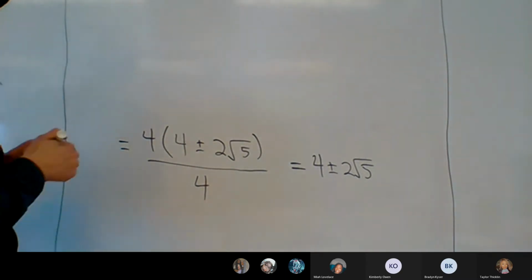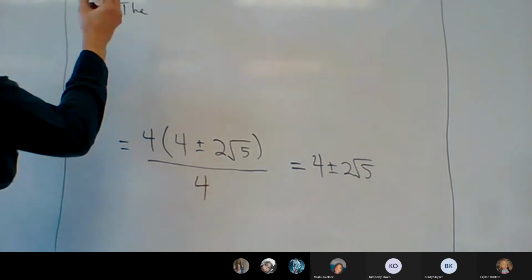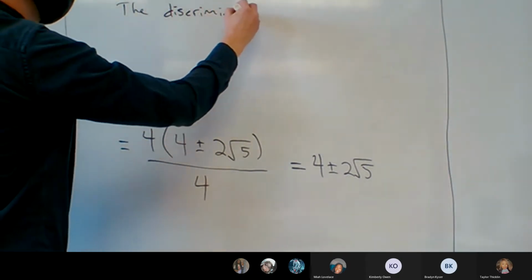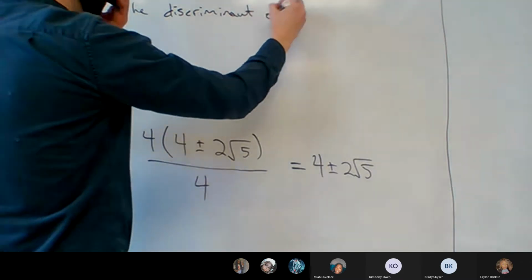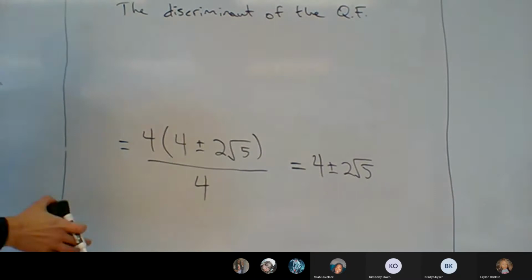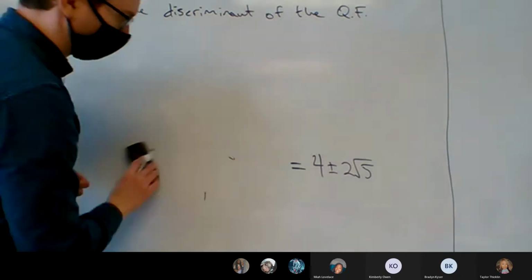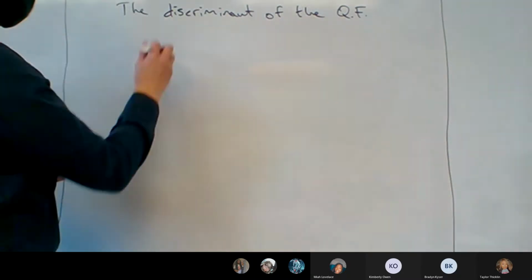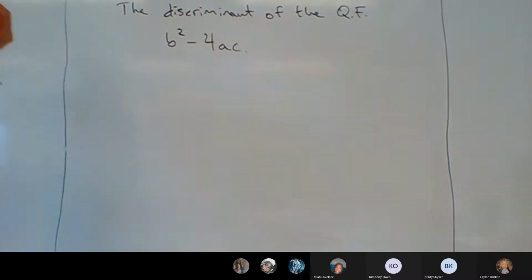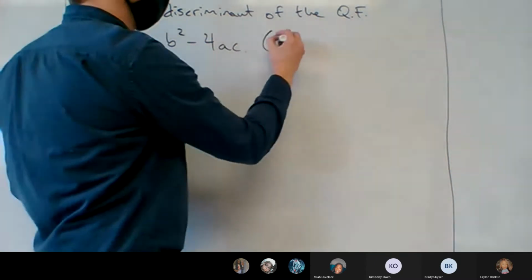Changing gears now. Let's talk about the discriminant of the quadratic formula. What is the discriminant? Well, it's the b squared minus 4ac thing, the part under the radical.